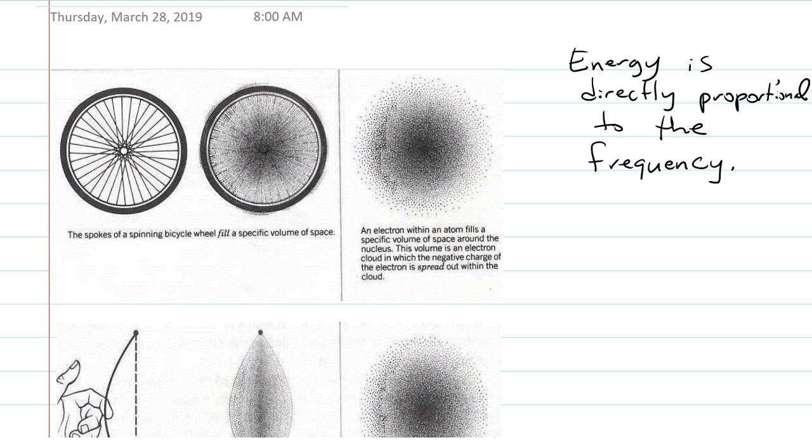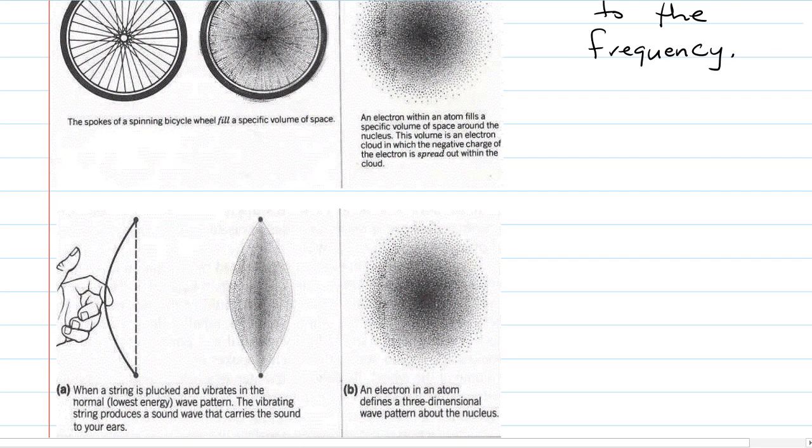So it turns out that as we look at these orbitals, energy depends on a couple of different things.